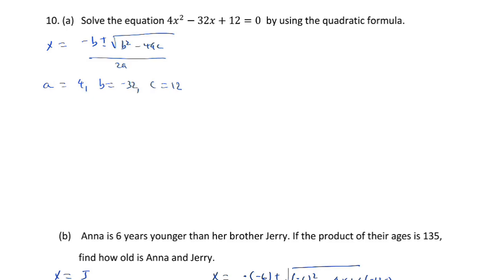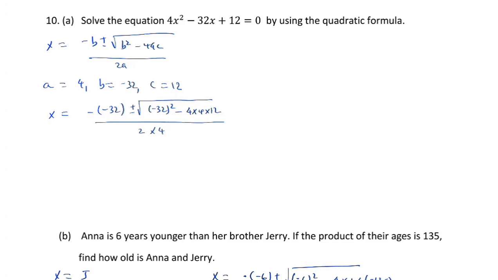Next, let us substitute these values into our equation. We are going to have x equals negative, in brackets, negative 32, plus or minus root, in brackets, negative 32 squared minus 4 times 4 times 12, over 2 times 4.